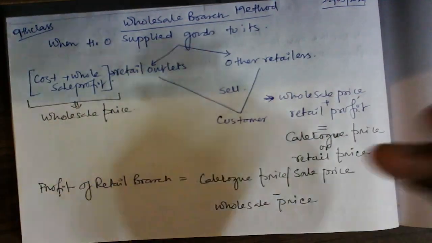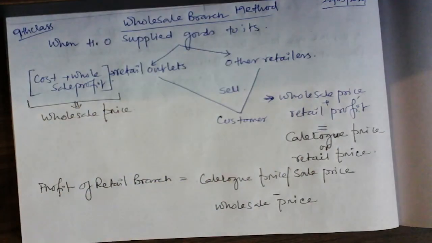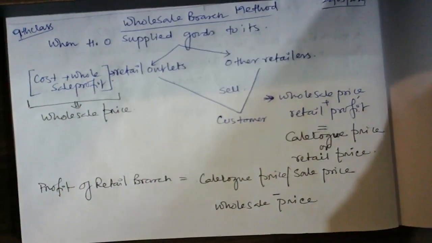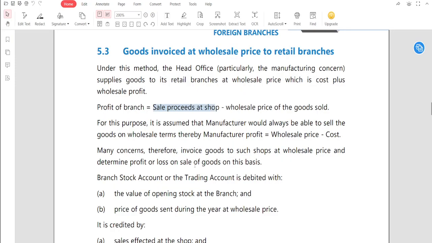Now let's try to understand the next concept. For this purpose, it is assumed that the manufacturer will always be able to sell the goods on wholesale terms. Thereby, manufacturer profit is wholesale price minus cost. First we understood the profit of the branch.